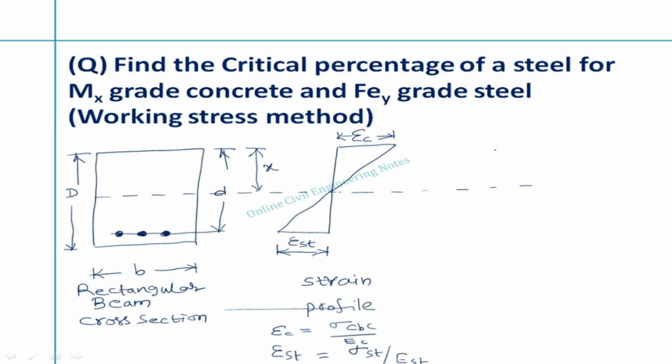Now draw the stress profile. This is the stress distribution on the beam. This is sigma steel divided by m, where m is the modular ratio.